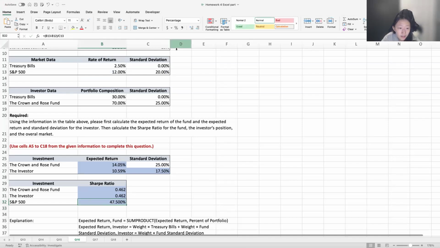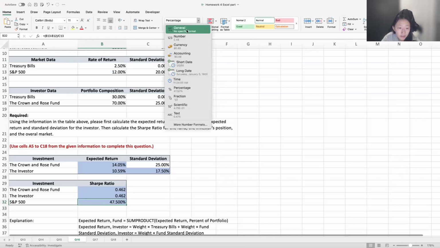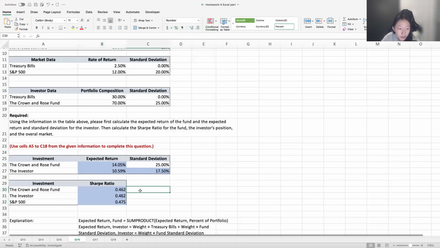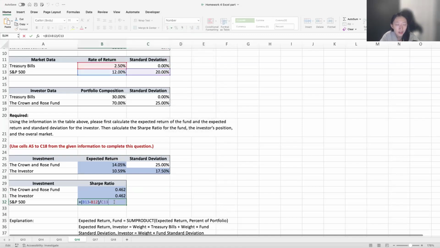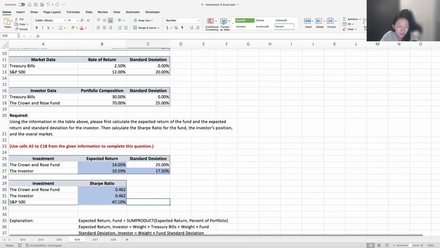And it has a higher Sharpe ratio, so the market is doing better. The S&P is doing a better job than the individual's portfolio. That's simply what the Sharpe ratio tells us: the efficiency of earning return per 1 percentage point of risk, standard deviation, that you're taking.